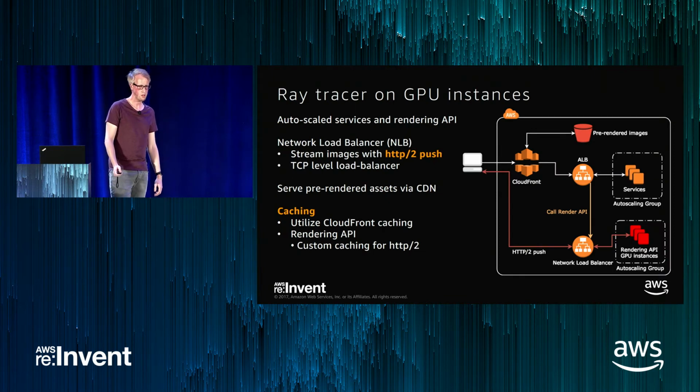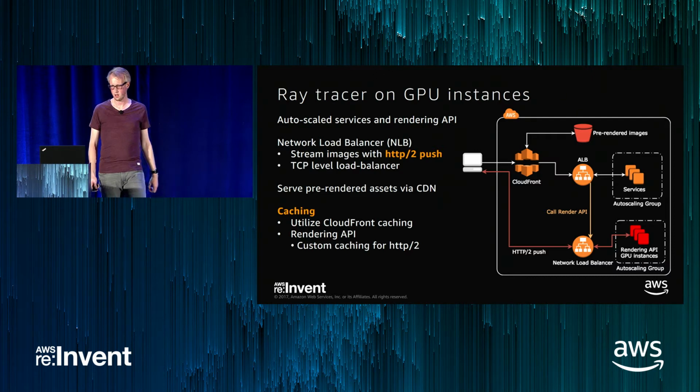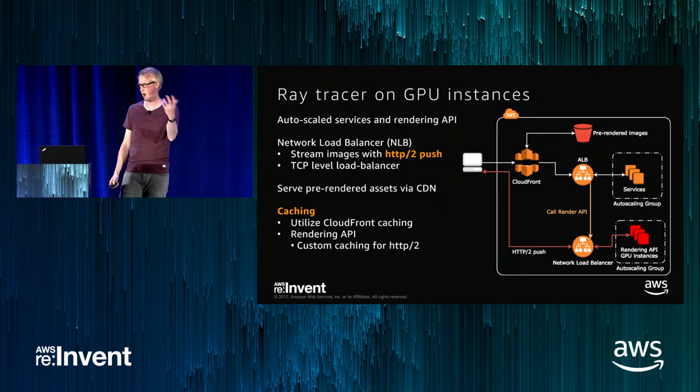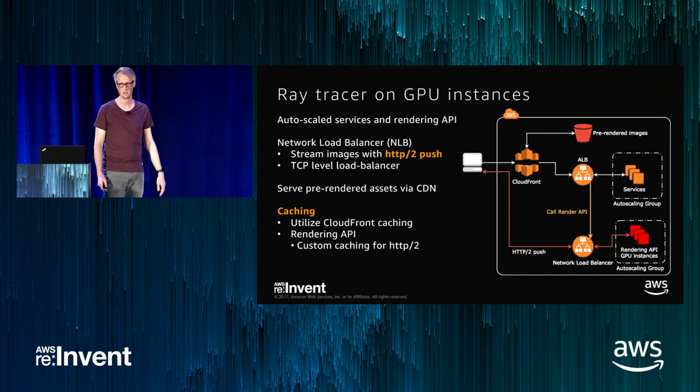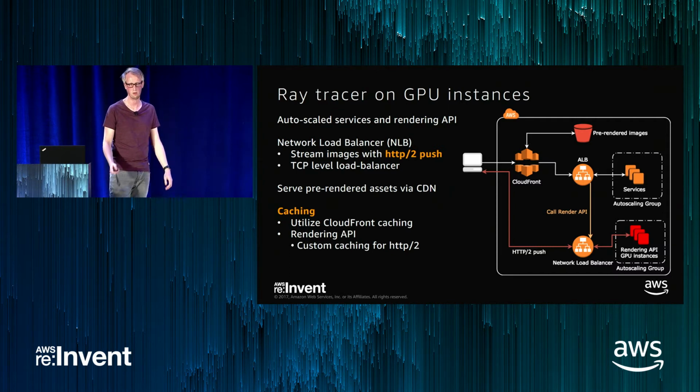So the architecture can look like this. Requests come in, and then they'll hit CloudFront, so we can have caching at the edge locations already. We can also use CloudFront to redirect certain requests to pre-rendered images, static assets, these kinds of things. So these requests are already really fast.